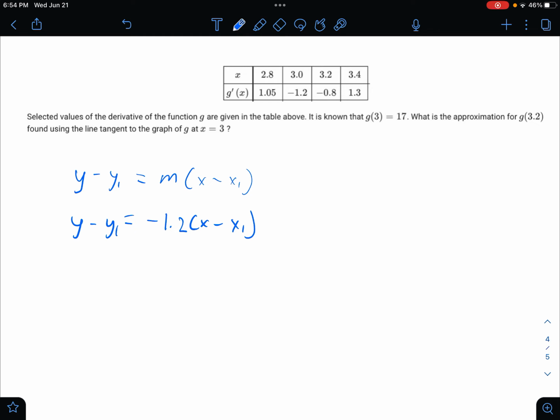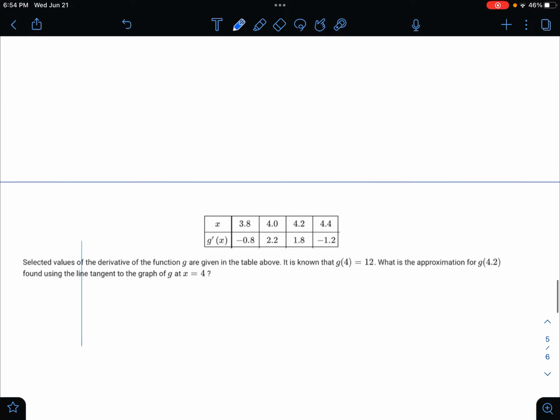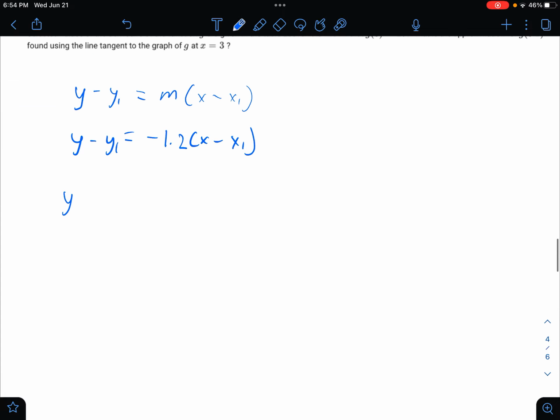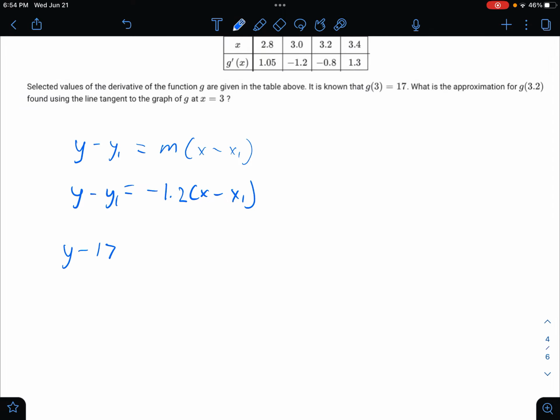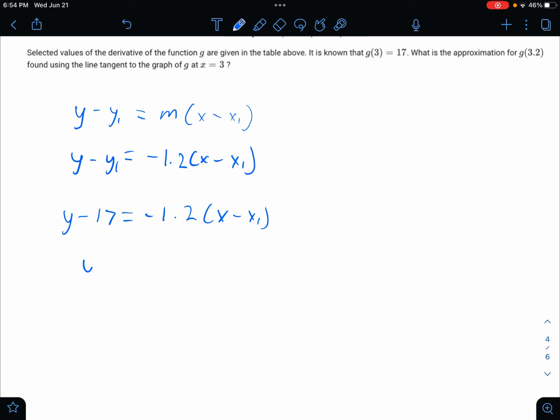And this question already does it for us, as it tells us g of 3 is equal to 17. So that is y minus 17 is equal to negative 1.2 times x minus x1. So let's move over the 17. So we get negative 1.2 times x minus x1 plus 17.